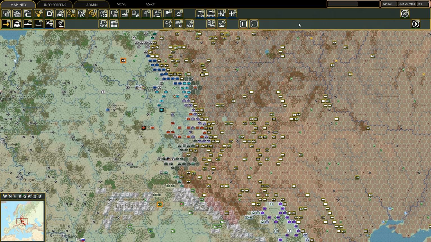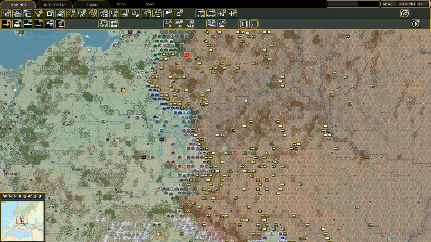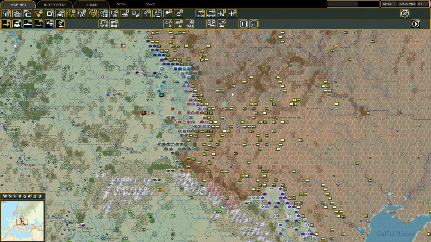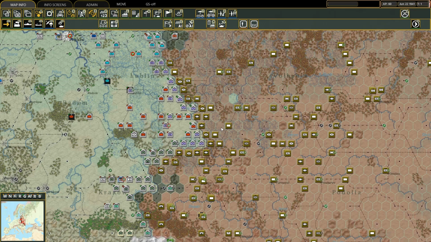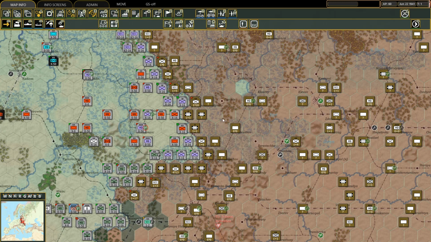Now, attacking. Briefly, before attacking, and I'm using turn one of the Grand Campaign as the Axis, you want to maximize the amount of information that you know in regard to the enemy hexes.